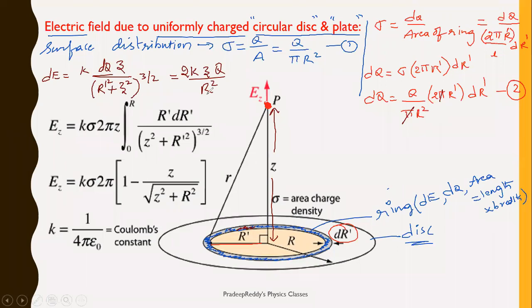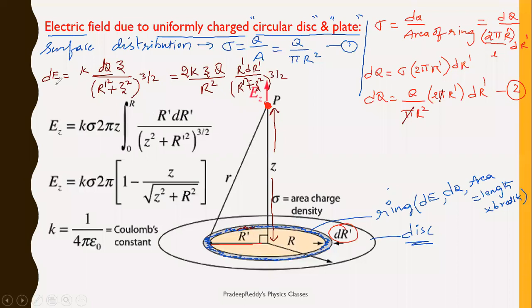I am bringing it out. And what about the leftover? r dash into dr dash divided by (r dash square plus z square) whole power 3 by 2.